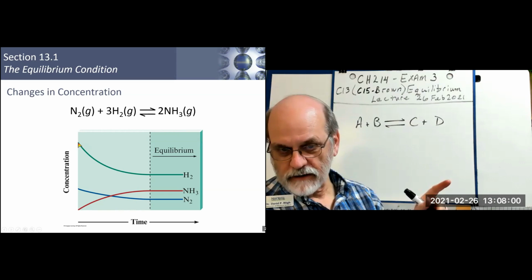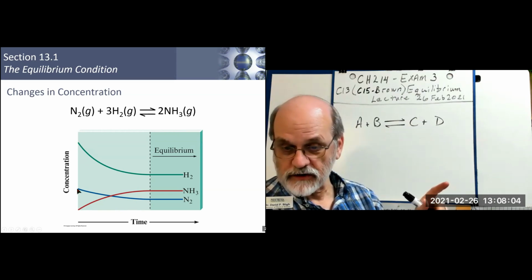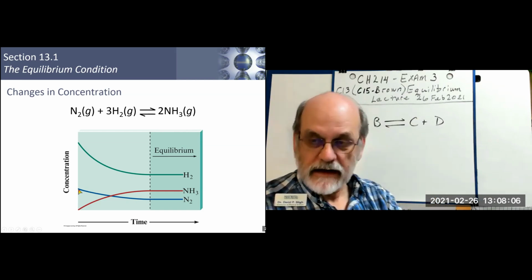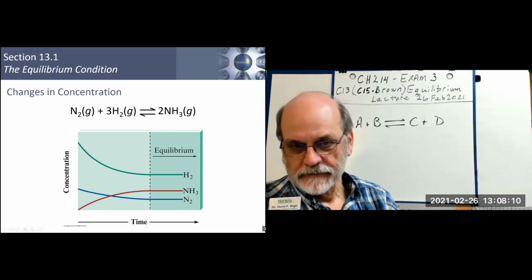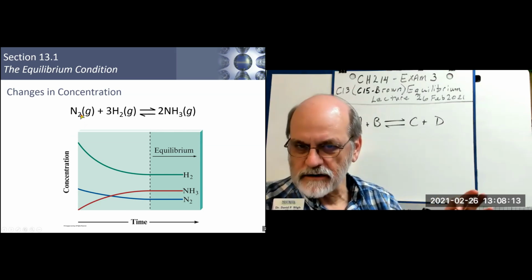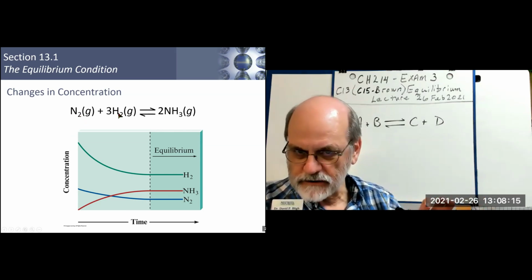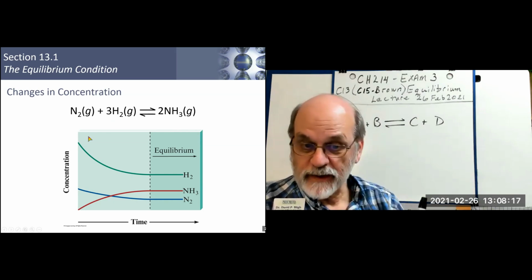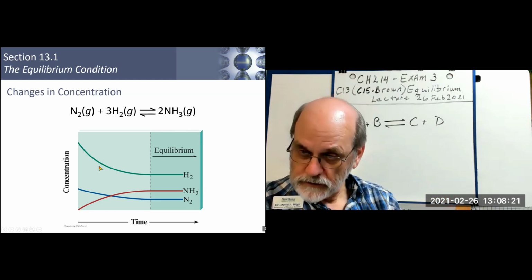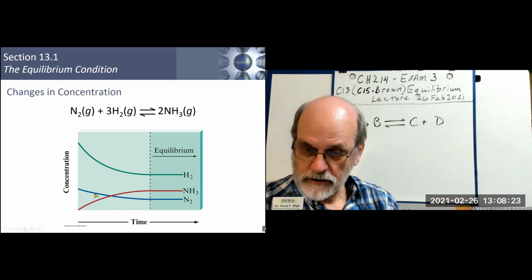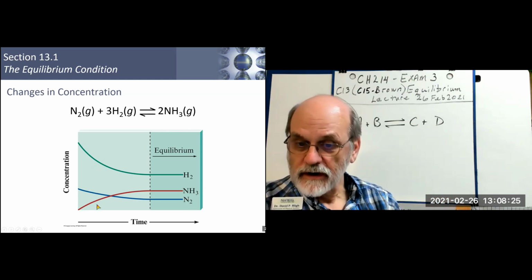So you have hydrogen here, nitrogen there, and you have 3 times as much hydrogen as you do nitrogen in a stoichiometric reaction where everything is balanced. You have just the right amount of nitrogen, just the right amount of hydrogen at the very beginning. Then as the reaction proceeds, you lose reactants, hydrogen and nitrogen, and you produce ammonia.